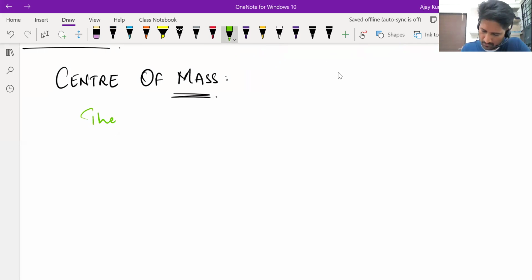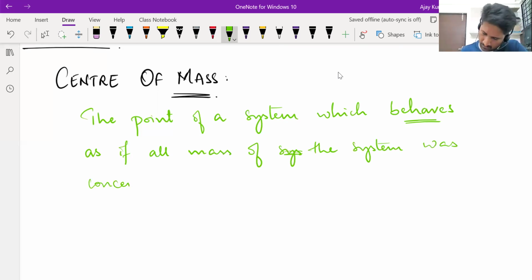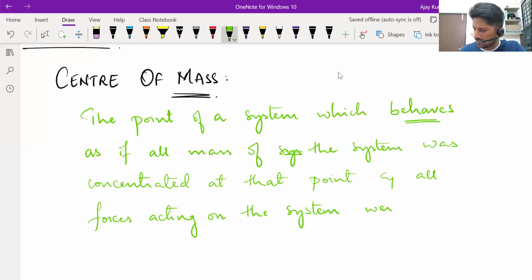It is the point of a system which behaves as if all mass of the system was concentrated at that point and all forces acting on the system were acting at that point.